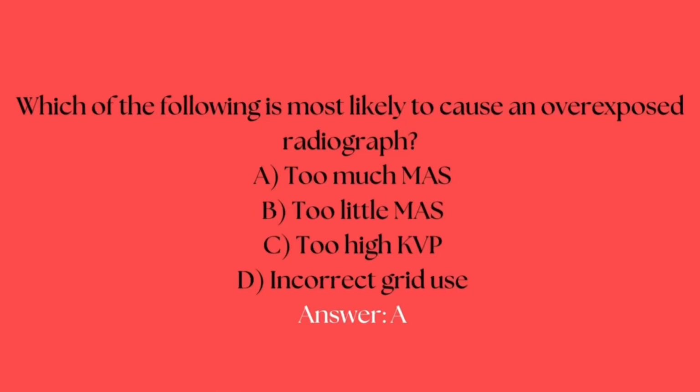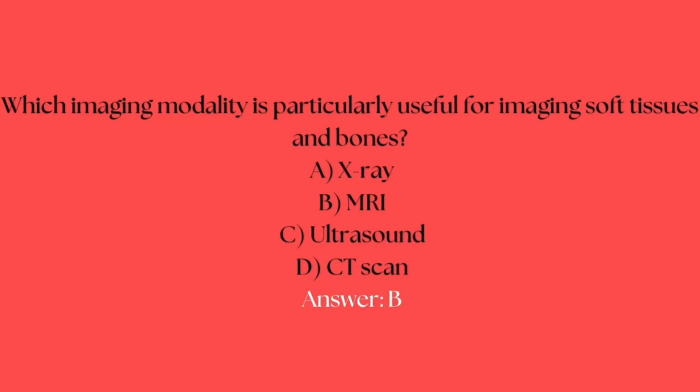Number 9 says, which of the following is most likely to cause an overexposed radiograph? If you answered B, you are correct. Question 10, which imaging modality is particularly useful for visualizing soft tissue structures in the brain and spinal cord? If you answer B, you are correct.